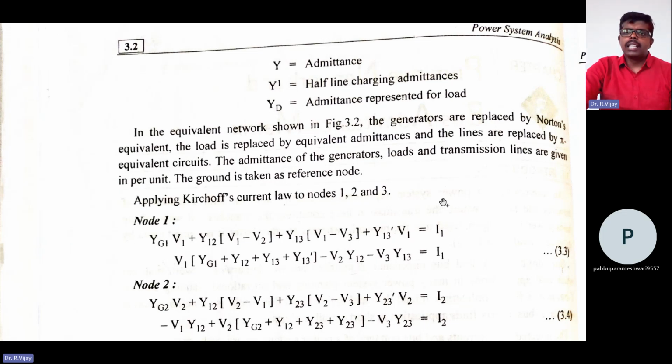Whatever the problems given to you, you need to formulate this kind of current law. For example, if the problem gives impedance, then what will you do?